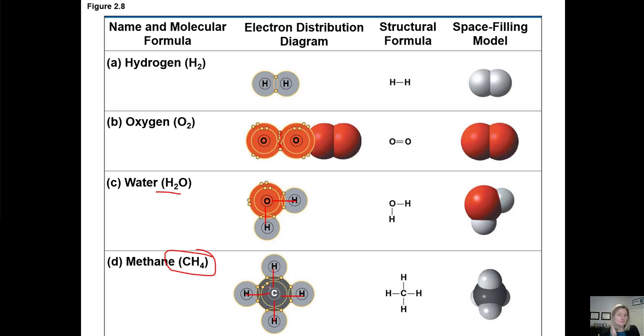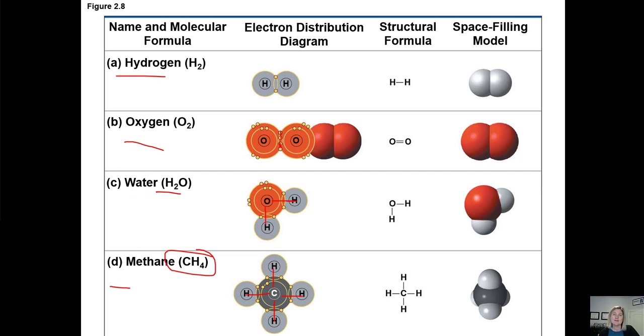With our carbon and our 4 hydrogens, the electronegativity of hydrogen and carbon are very similar, so they're sharing the electrons. So A, B, and D are all examples of nonpolar covalent bonds because the electronegativity of each of these atoms is similar to each other, and so they're equally sharing those electrons.